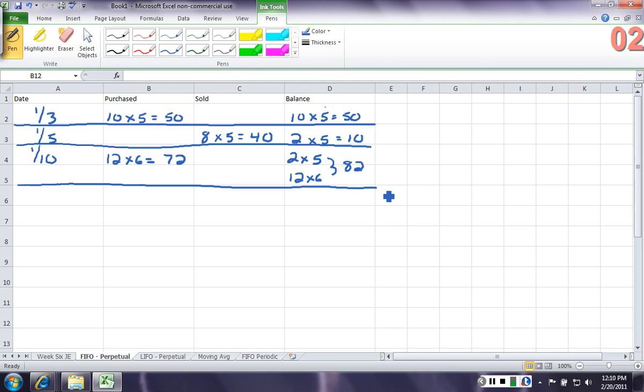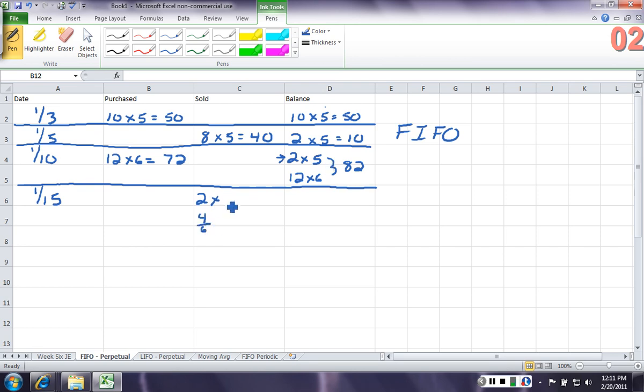So there's that layer. Now on the 15th, I'm going to sell some inventory. I am using FIFO, first in, first out. So because I'm using FIFO, I have to use up these layers first before I dip into the next layer. I sold 6, so 2 and 4 gives me my 6.